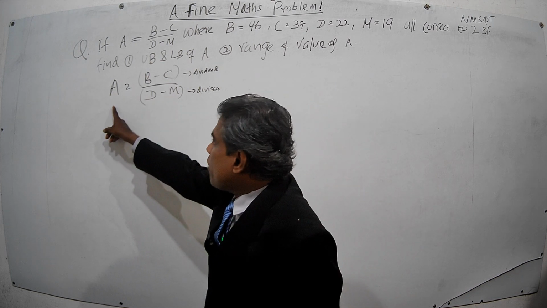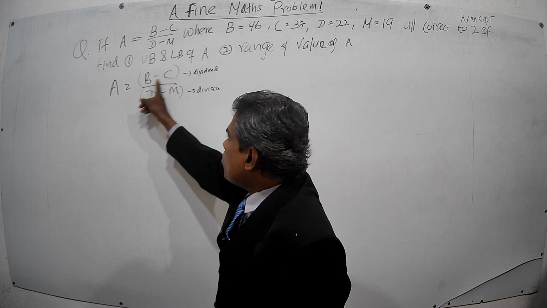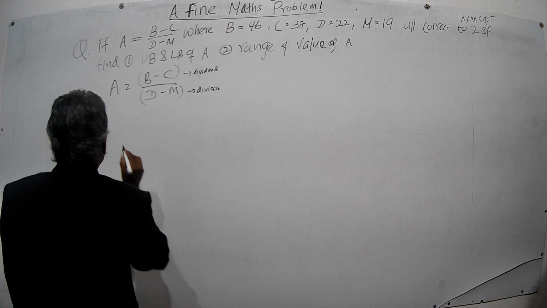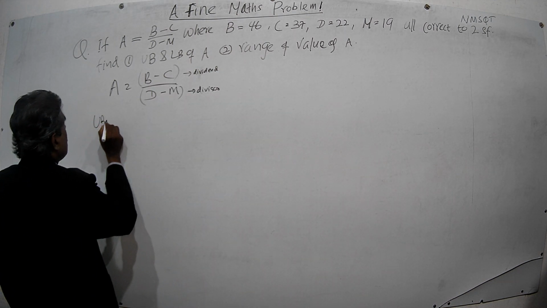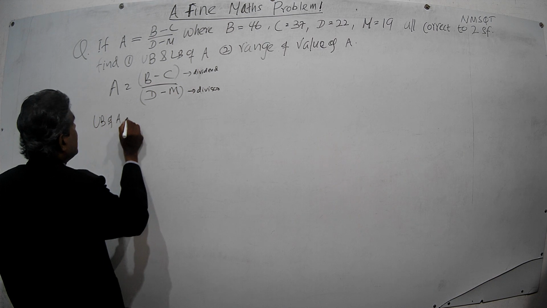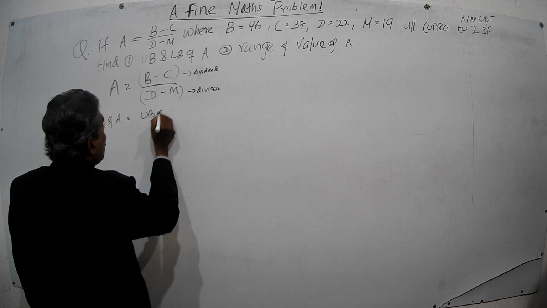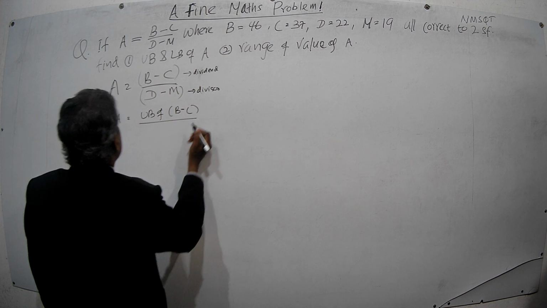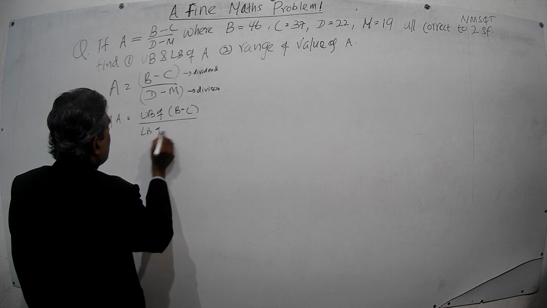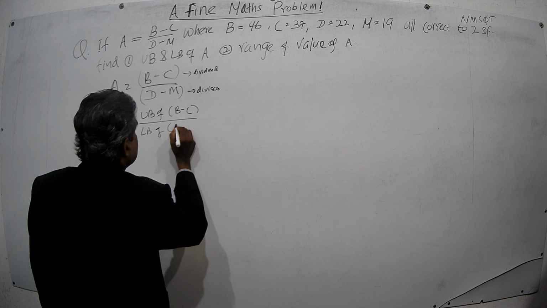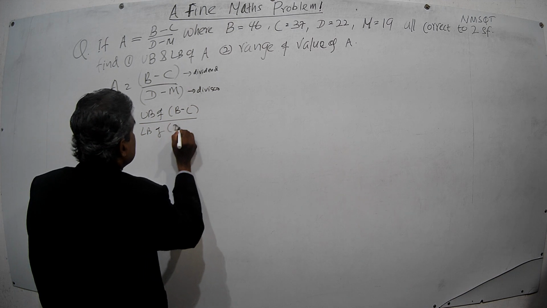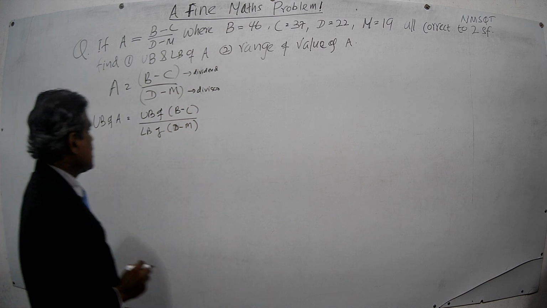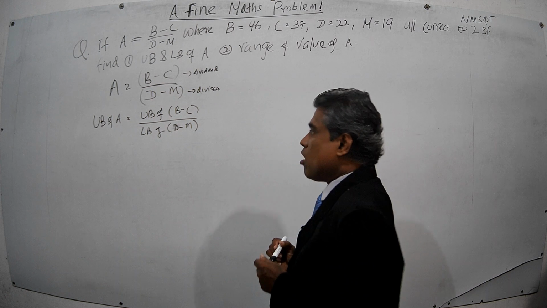Therefore, upper bound of A equals upper bound of (B minus C) divided by lower bound of (D minus M). That is the formula for finding the upper bound of the quotient A.